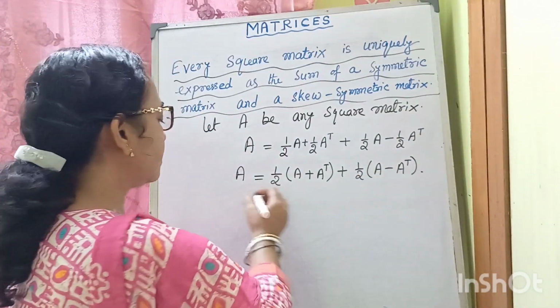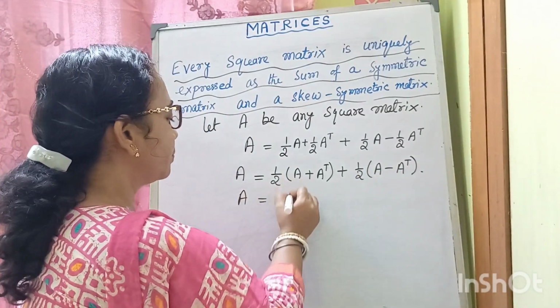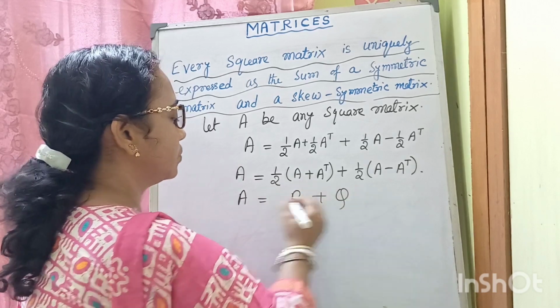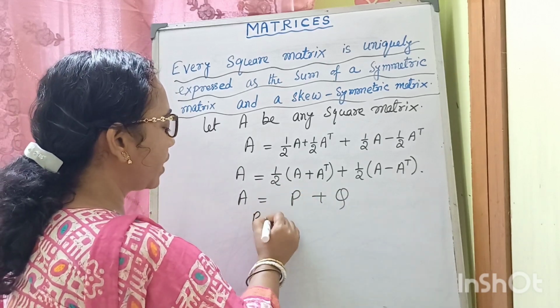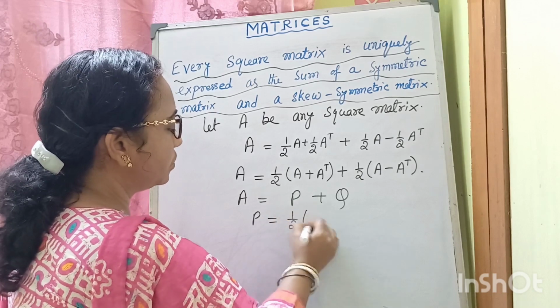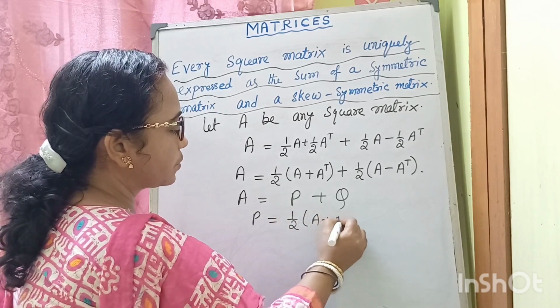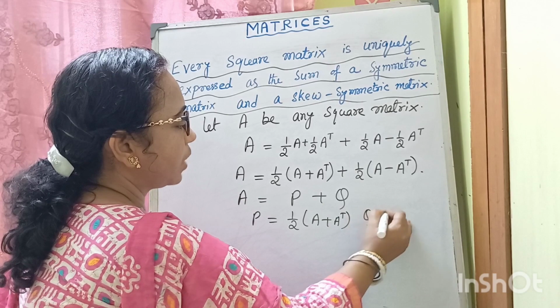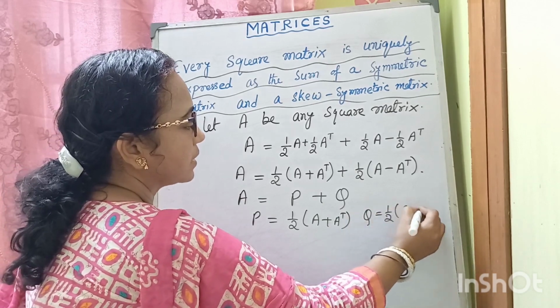Let us consider this equal to P plus Q. So P is equal to half into A plus A transpose, and Q is equal to half into A minus A transpose.